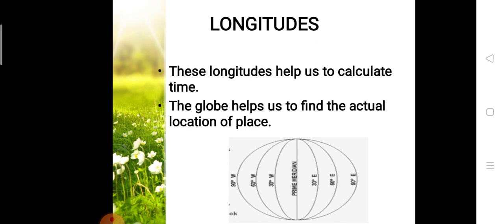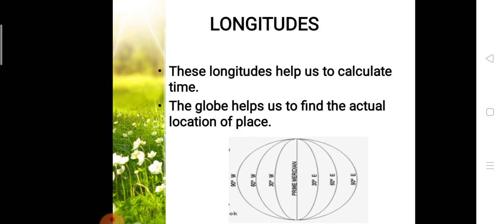Like when the prime meridian of Greenwich has the sun at the highest point in the sky, all the places along this meridian will have midday or noon. As the earth rotates from west to east, those places east of Greenwich will be ahead of Greenwich time and those to the west will be behind it.